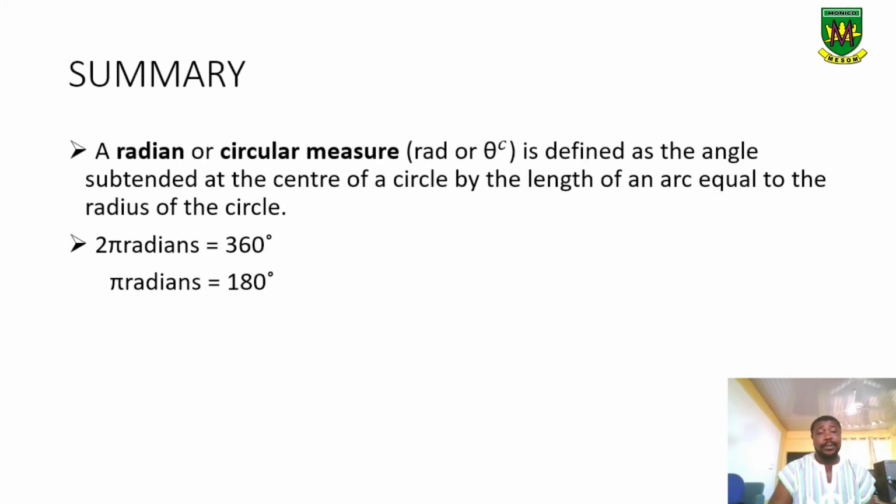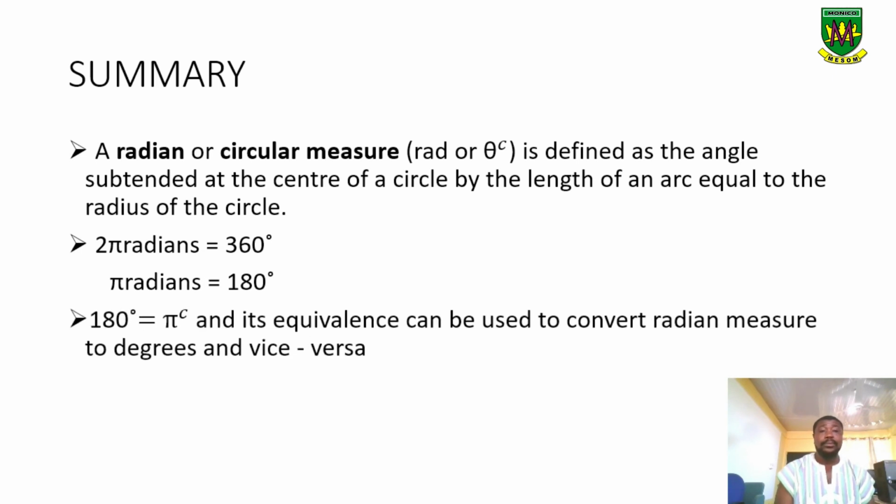In summary, that is to say, what we have learned so far, we talked of a radian, and I hope we can now all define radians. We said a radian or a circular measure is defined as the angle subtended at the center of a circle by the length of an arc equal to the radius of the circle.